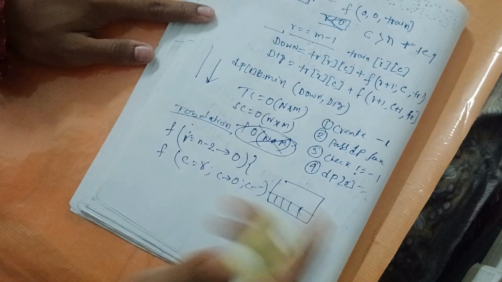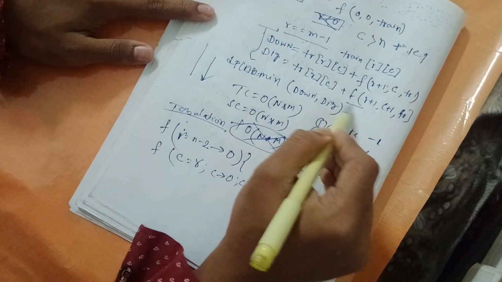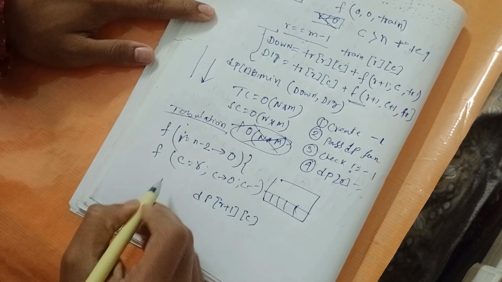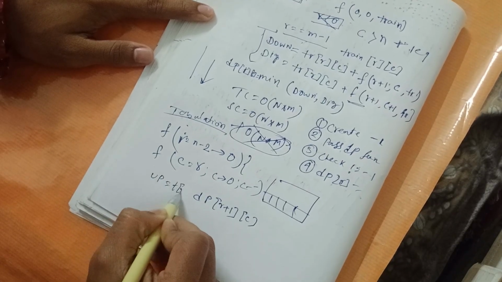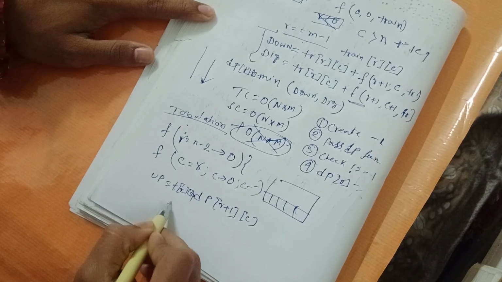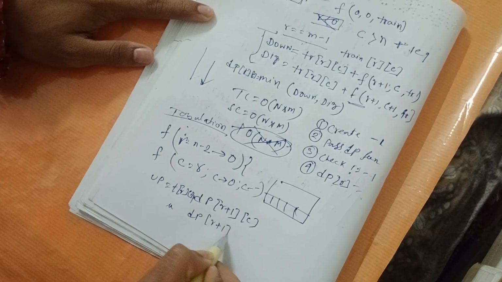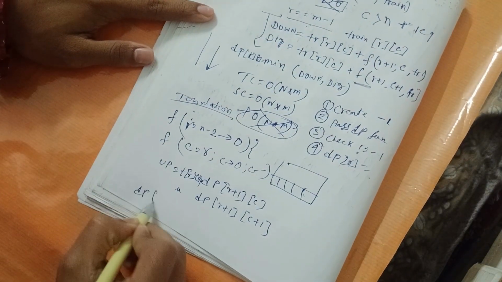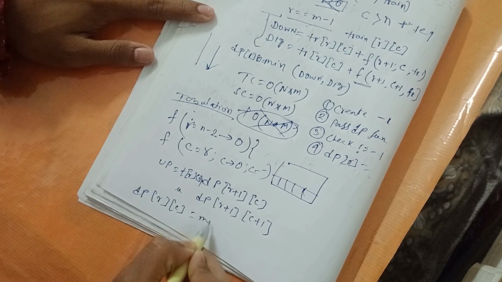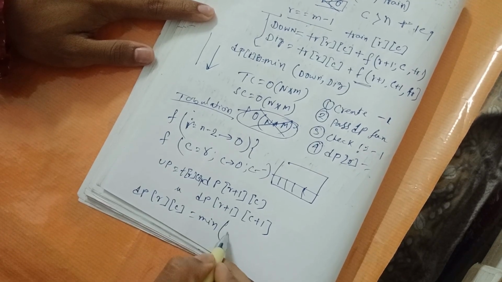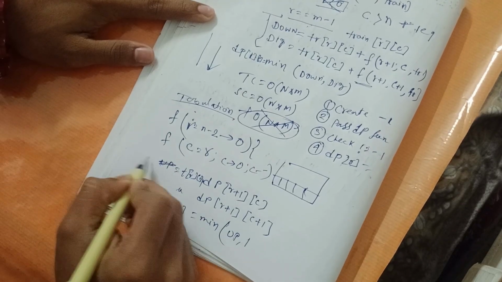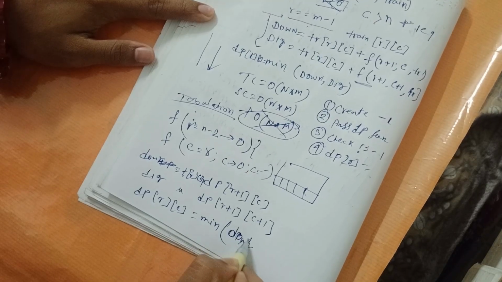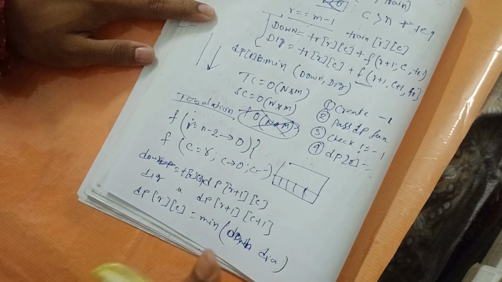Then in the same table, I write dp[r plus 1][c] for down, triangular[r][c] plus this, and dp[r plus 1][c plus 1] for diagonal. And lastly dp[r][c] equals the minimum of down and diagonal.